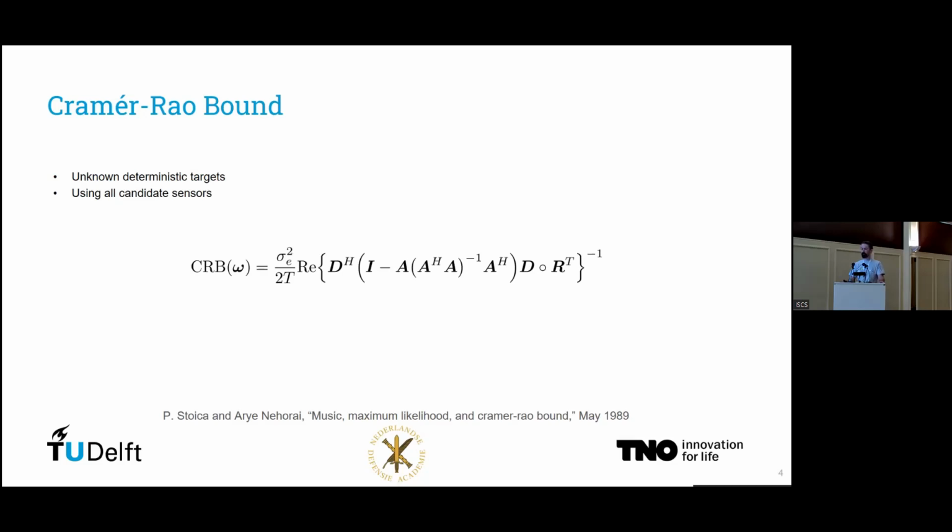And the D matrix is column-wise partial derivatives with respect to the angles of arrival of the individual array responses of the different targets. R here is a correlation matrix between the different signals as they are reflected by the targets. So some measure of how correlated these targets are, which we will be simplifying later.